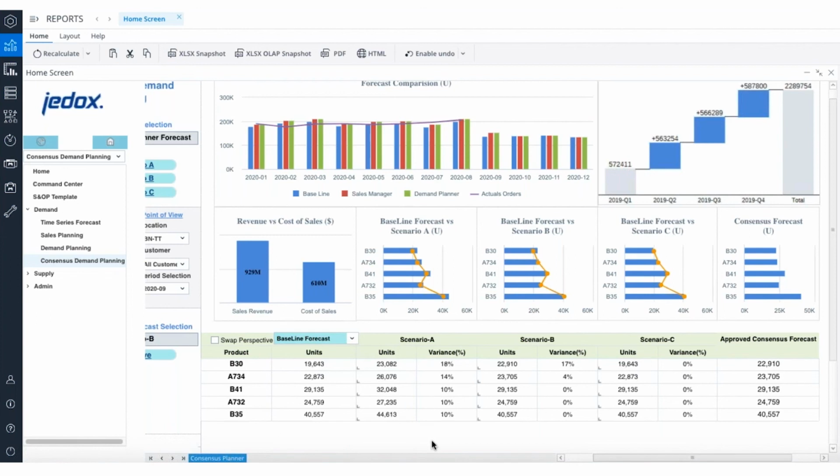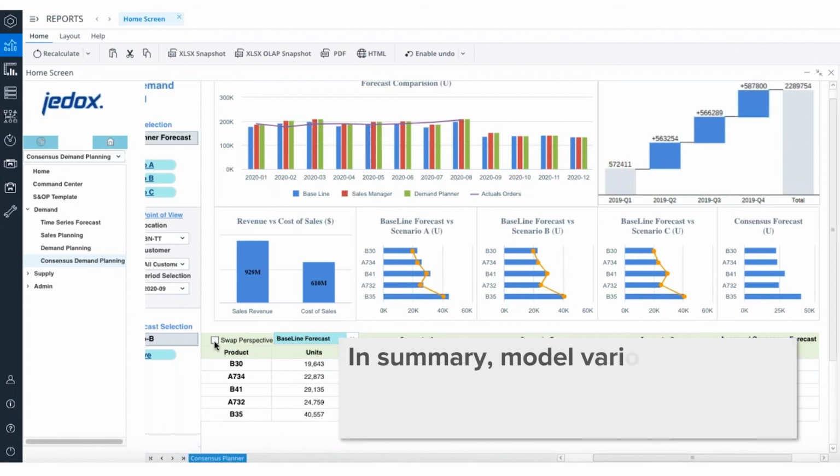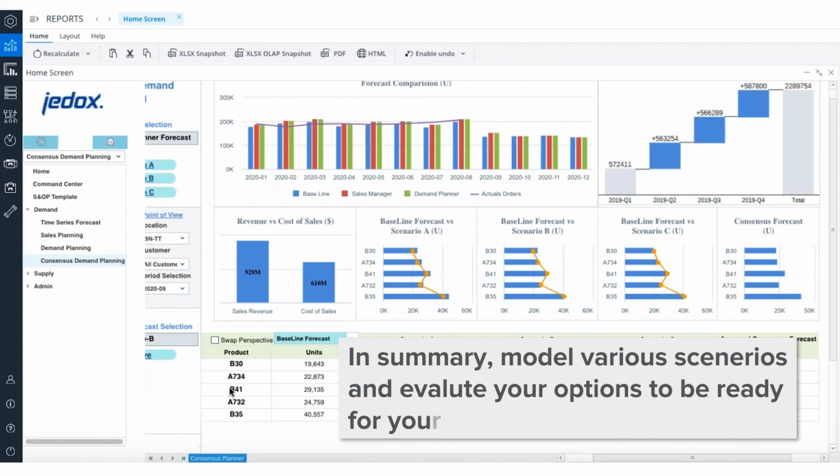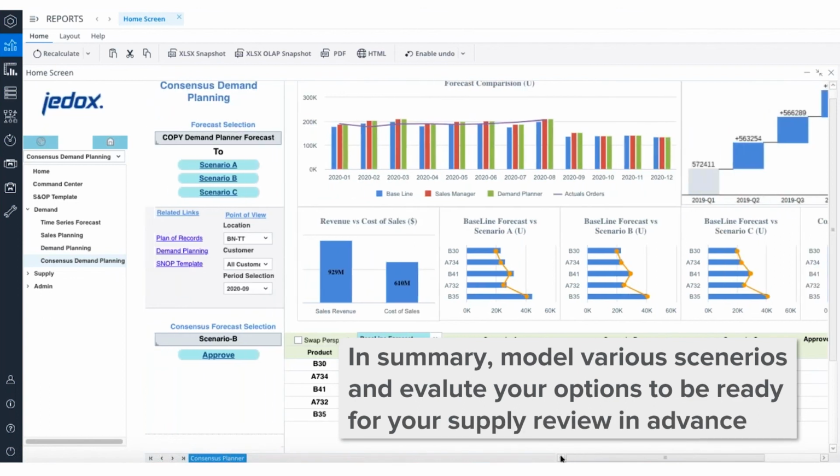That is very useful when modeling something with uncertainties, where the baseline or statistical forecast is not accurate, and you need a greater degree of collaboration and scenario planning to evaluate your options and move forward. In the end of all this, we need a single consensus demand plan that is given to supply, because that is the starting point for supply review.